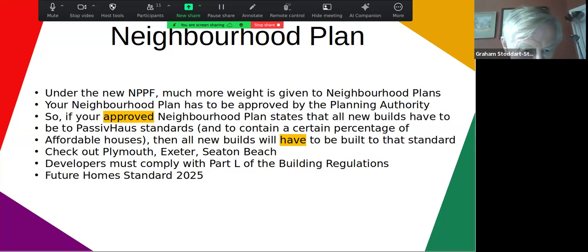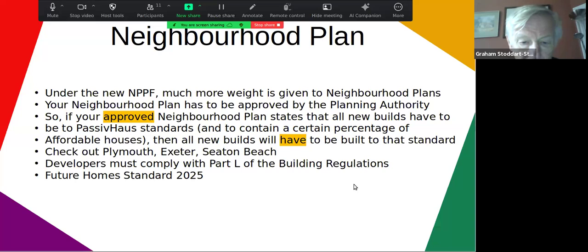on an individual basis. So I would suggest that it's now worthwhile rewriting your neighborhood plans so they put in a specific requirement for the standard of insulation that they're going to have, the standard of emissions that they're going to have, and also slip in there what percentage of affordable housing you want to have in any new development, because I guarantee that what your community needs and wants will be a lot higher percentage of affordable housing than the developer will say that you need.